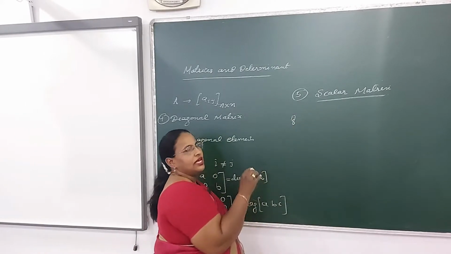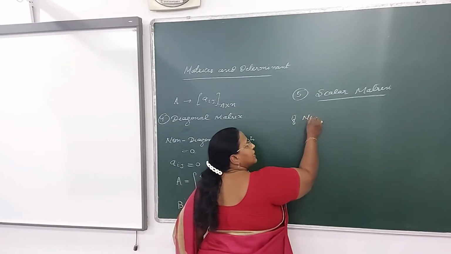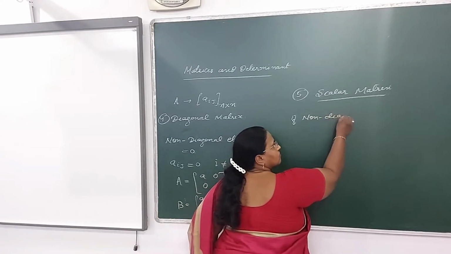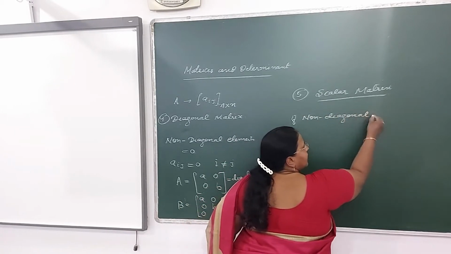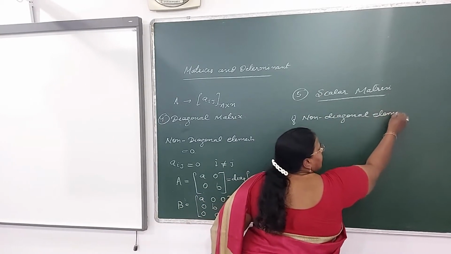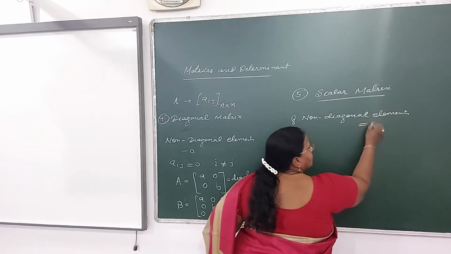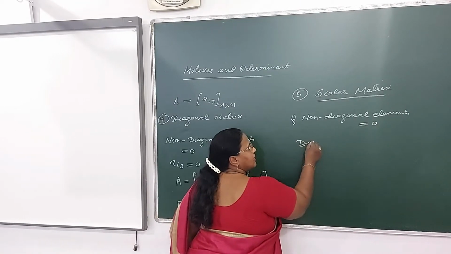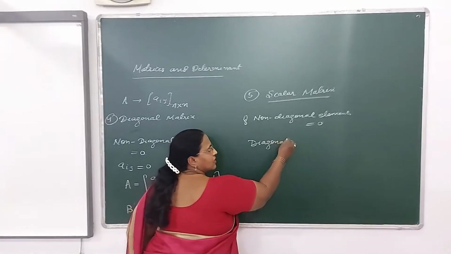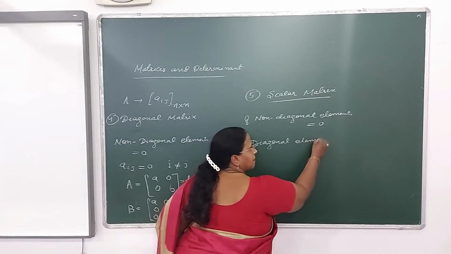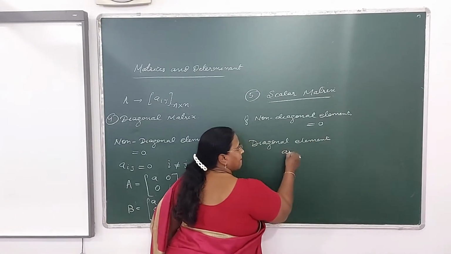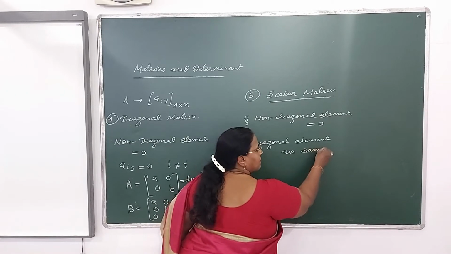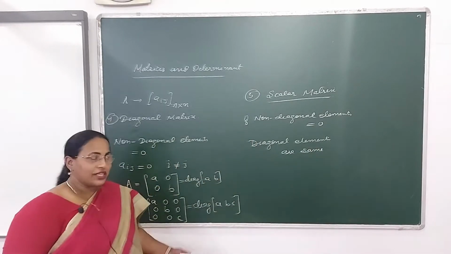If the non-diagonal elements are 0 and the diagonal elements are the same, what does this mean?